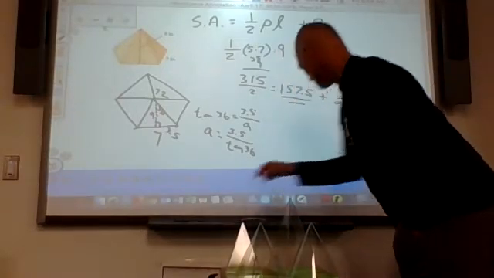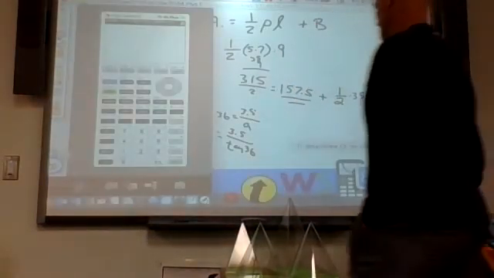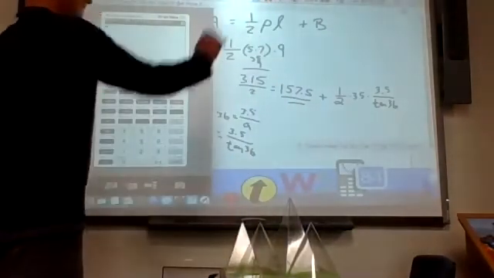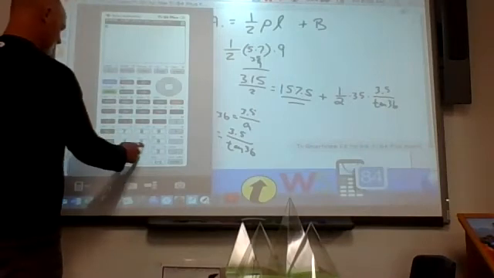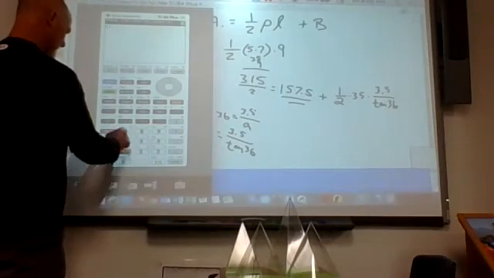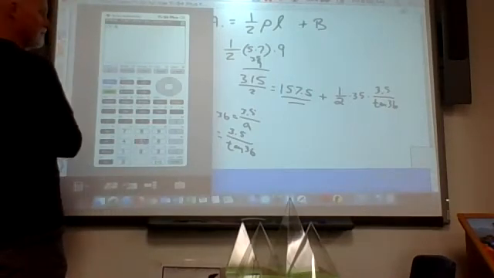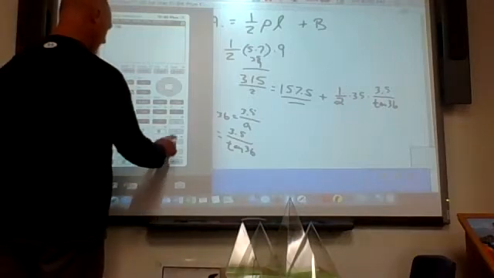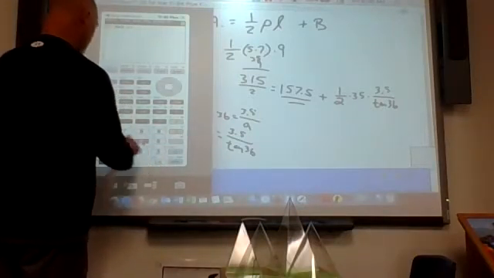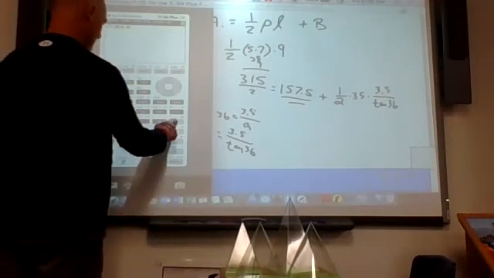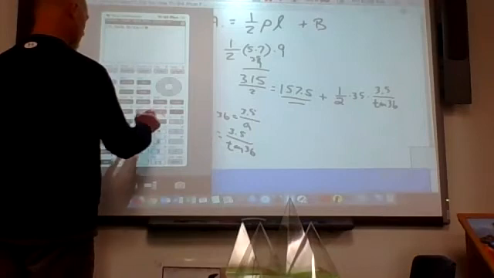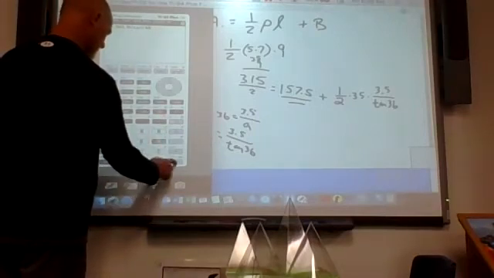Now, I do have my calculator, so I'm going to do that work first. 1/2 of 35 is 17.5. And then I'm going to multiply that times 3.5. And then I need to divide by the tangent of 36.